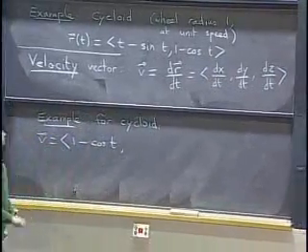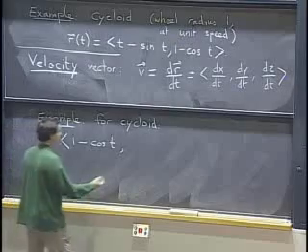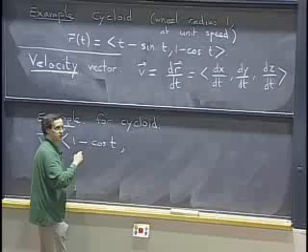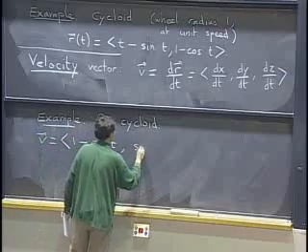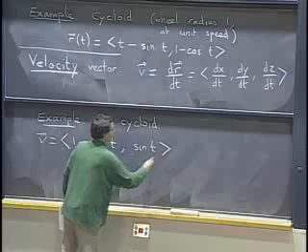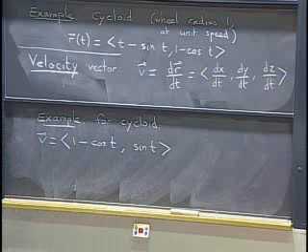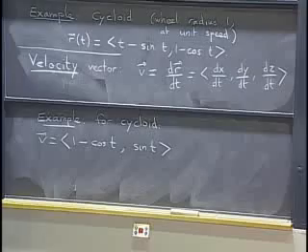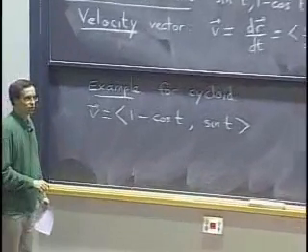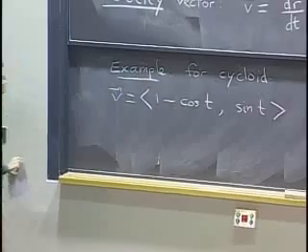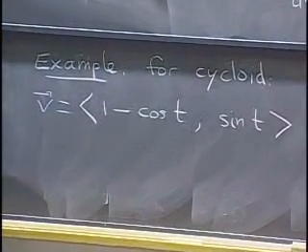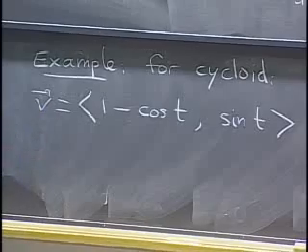The derivative of 1 is 0. The derivative of minus cosine t is sine t. Very good. That's at least one thing you should remember from single variable calculus. Hopefully you remember even more than that.